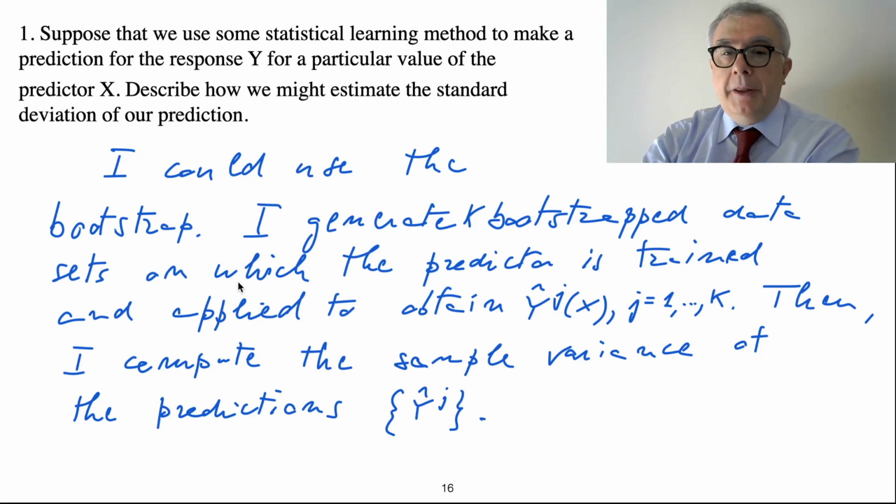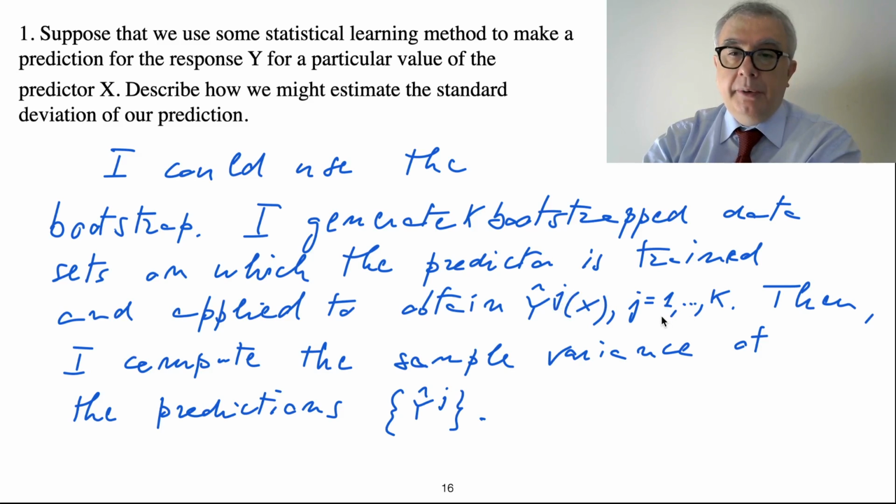Okay, and I generate k bootstrapped datasets on which I train my predictor, and then the trained predictor is applied to obtain my prediction y hat j. This j refers to the jth bootstrapped dataset.